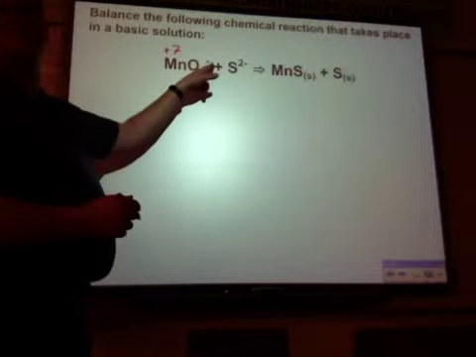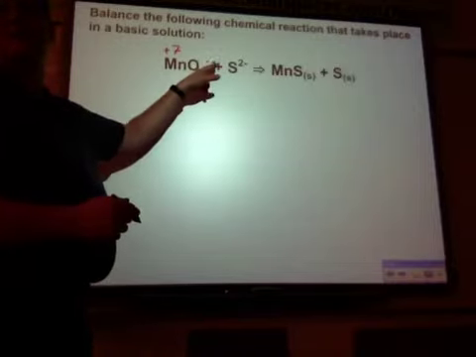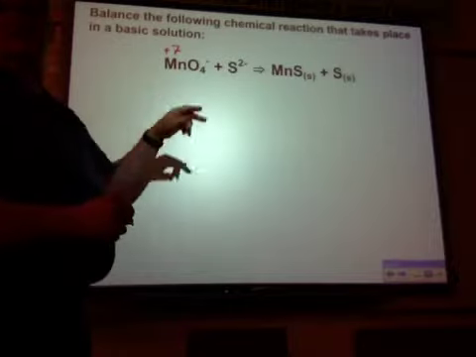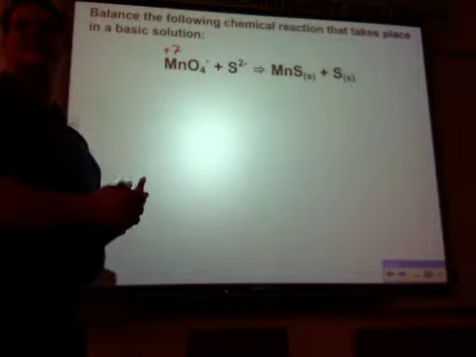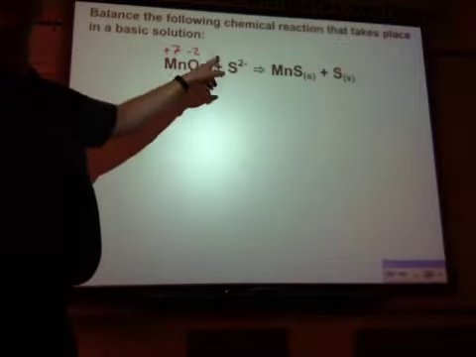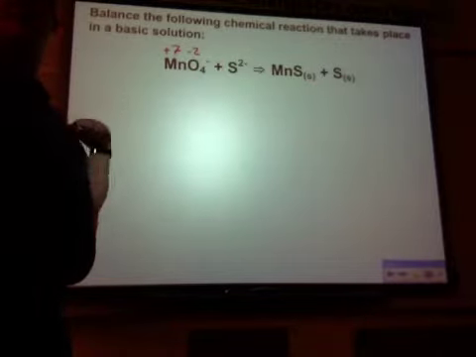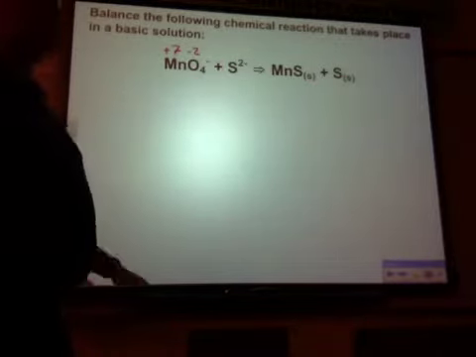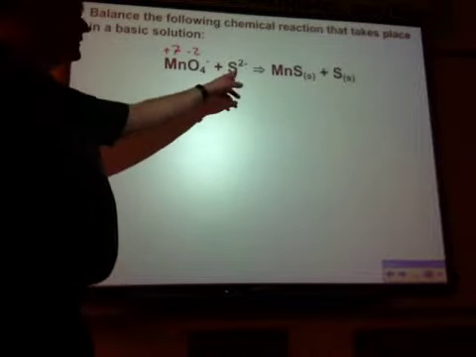Oxygen is -2, there's 4 of them, that makes a -8. If the overall charge is -1, there has to be a +7 charge there somewhere to offset it. That's where it is. What about sulfur?